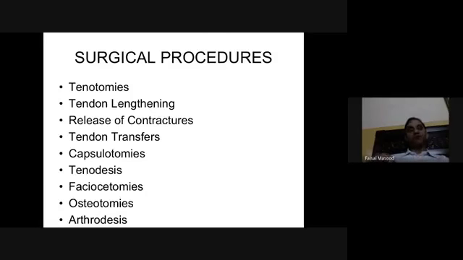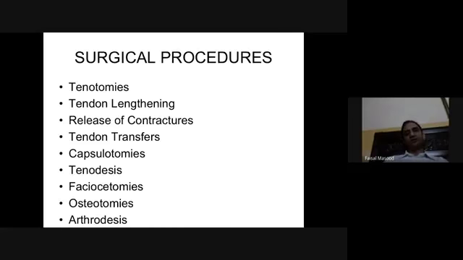You transfer the tendons. For example, if the child has a fixed equinus contracture, you can go for tenotomy and TA lengthening, or you can transfer the tibialis posterior to the dorsum to help dorsiflexion. The joint capsule opening is called capsulotomy.